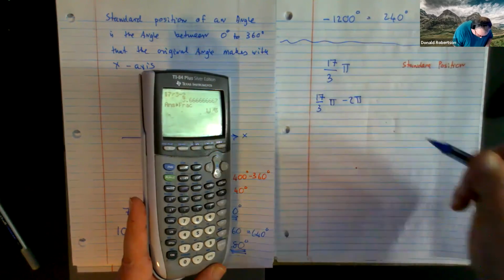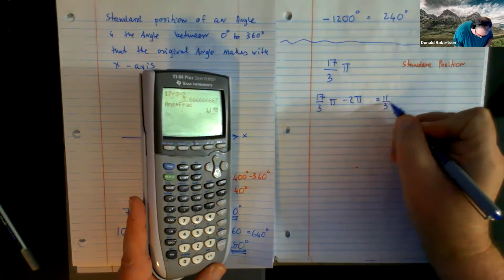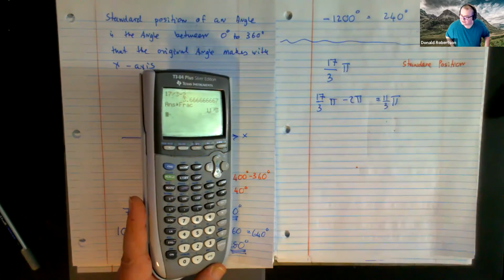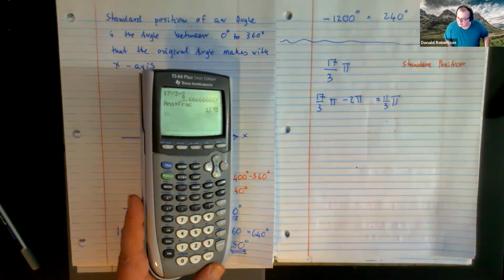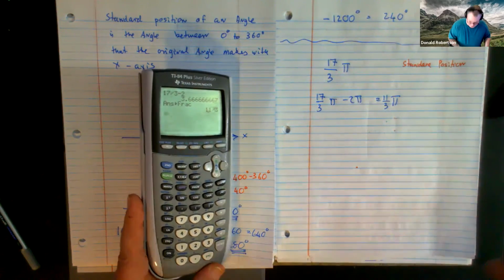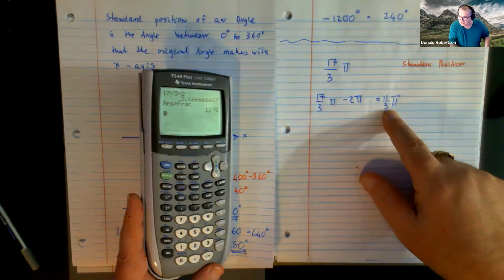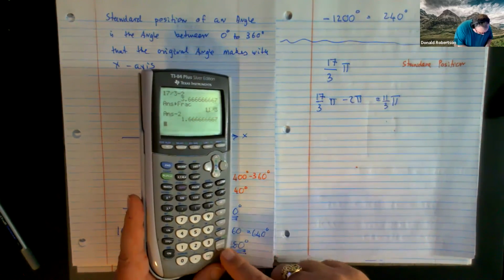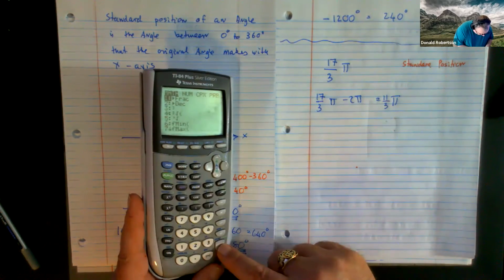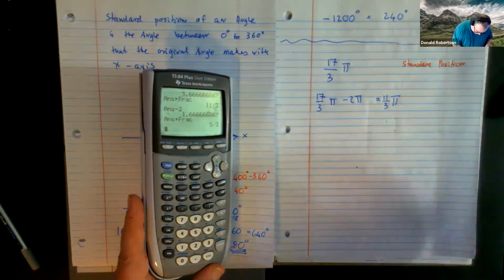So that's what, 11 thirds. Are you happy about how I got the 11 thirds? Right. Okay, would you agree that's still too big? Doesn't it need to be between 0 and 2 pi? And believe me, that's 3 1/3. So I'm just going to take that, subtract 2, and then convert the answer into fractions, and I get 5 thirds pi.